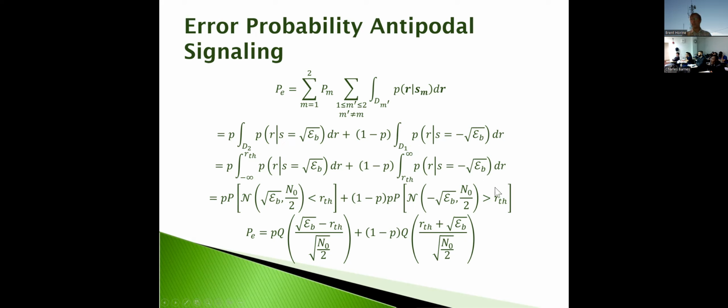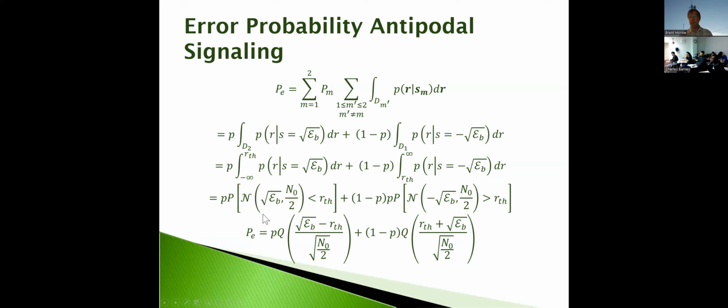So now we just need to integrate these things out, right? We can describe this in shorthand as the probability that this Gaussian distribution with this mean, now this distribution is not zero mean. We're looking at it relative to this E sub B, right?